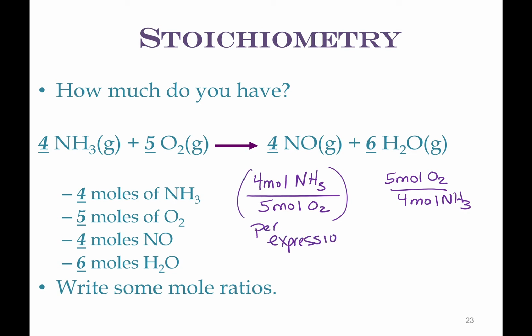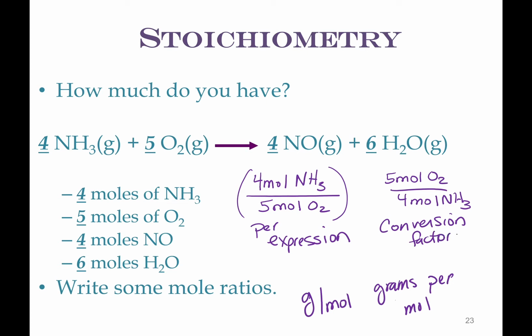just like I've been harping on you all year that it's grams per mole. These are going to be used as conversion factors. So that's why this is going to be so important for us.